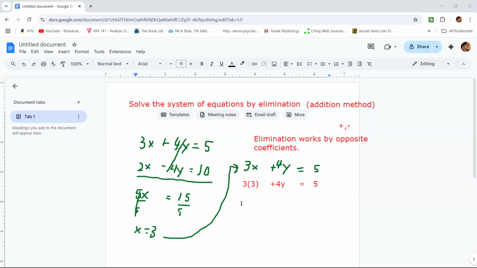And I'm going to continue. 3 times 3 is 9, plus 4y equals 5.